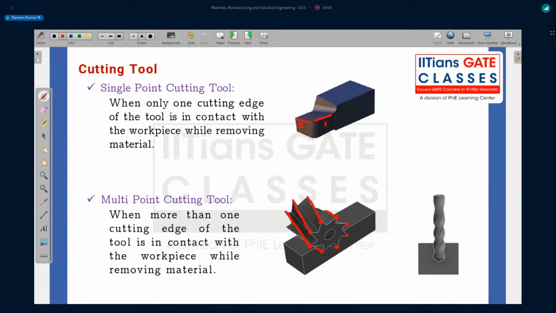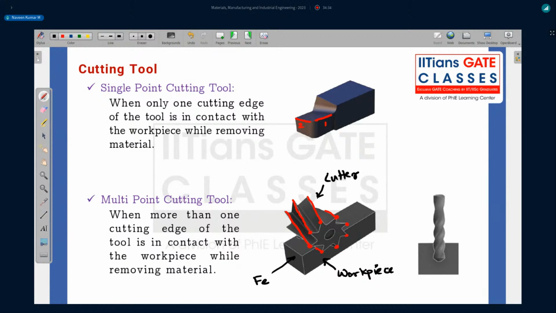So this is your slab milling, not end milling. This is your cutter, and this is your workpiece material, and the feed is given to the workpiece here.